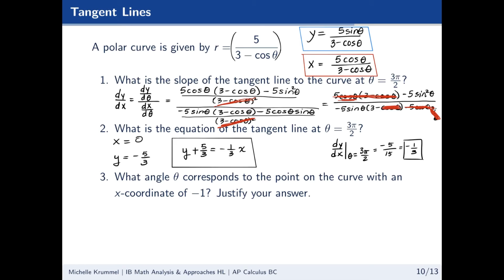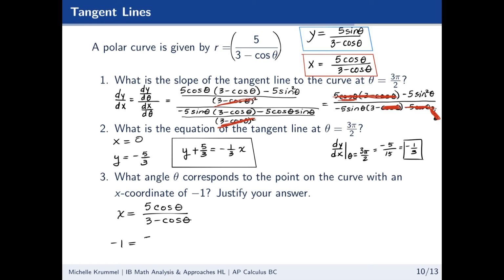Now the last part of this question, what angle theta corresponds to the point on the curve with an x-coordinate of negative 1? We have an equation for x. We know that x equals 5 cosine theta over 3 minus cosine theta. So we'll just let x equal negative 1 here.